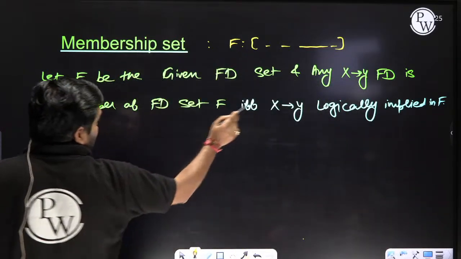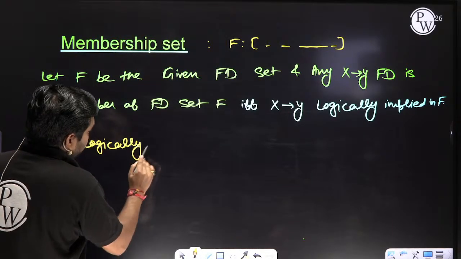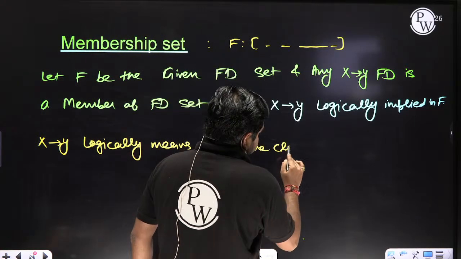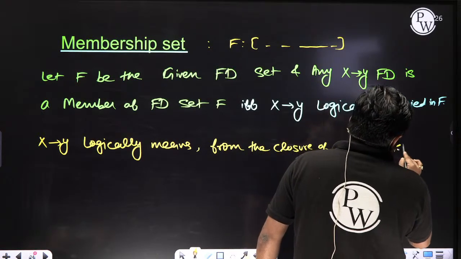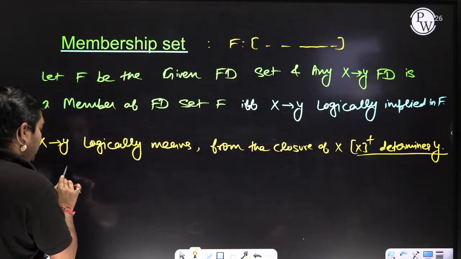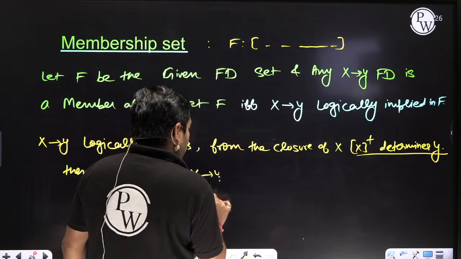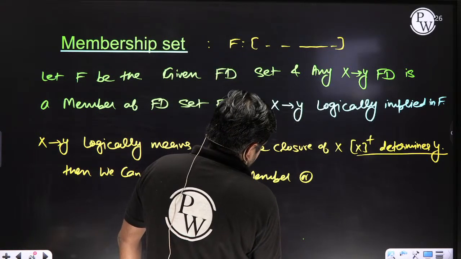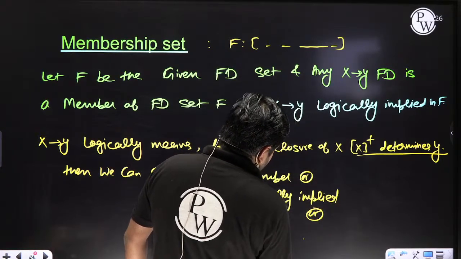Basically, X tends to Y is implied means that from the closure of X, X plus determines Y. Then you can say X tends to Y is logically implied, or sometimes it is asked as a valid FD.